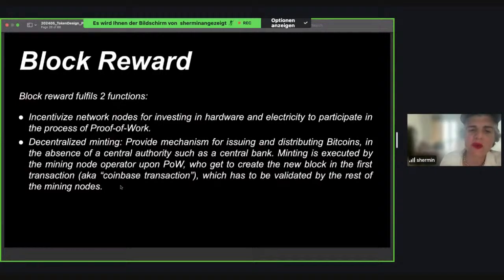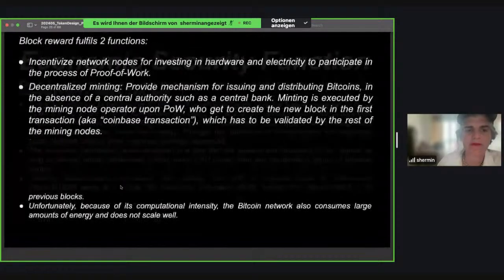And this mining node, upon a proof of work, gets to create the new block. And the first transaction, which we call the Bitcoin-based transaction, registers the newly minted Bitcoins, which then have to be validated by the rest of the mining nodes. So the minting function is also decentralized this way.